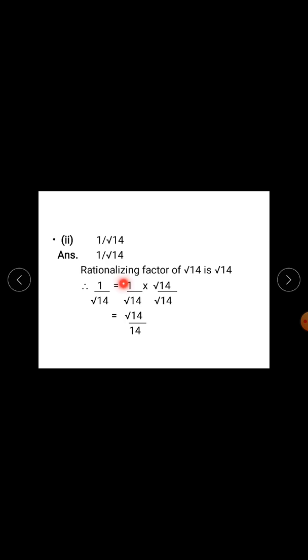Now multiply numerator with numerator and denominator with denominator. So 1 into root 14 is root 14 and root 14 into root 14 is 14. So equal to root 14 upon 14. So 1 upon root 14 is equal to root 14 upon 14.